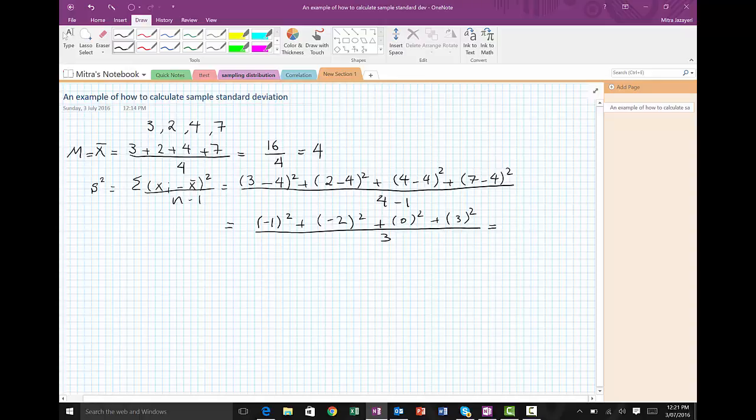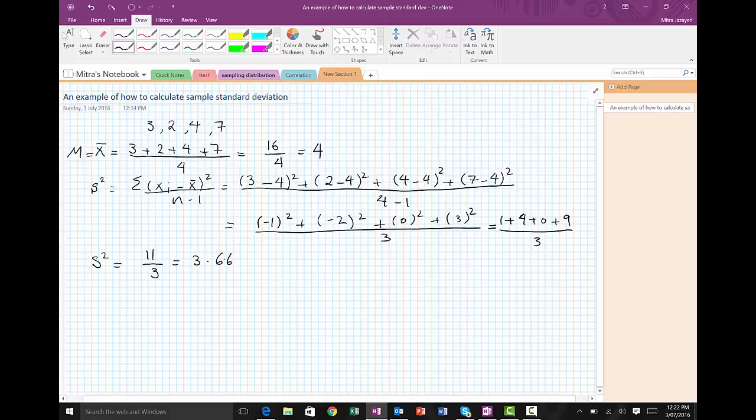So it's equal to 1, because a negative number to the power 2 becomes positive, 1 plus 4 plus 0 plus 9 divided by 3. So s squared, the variance, is equal to, this sum is 14, divided by 3, which is equal to 4.67.